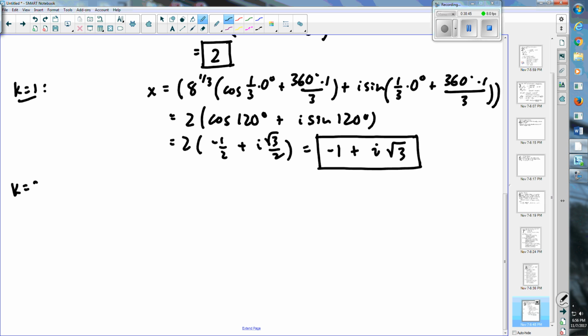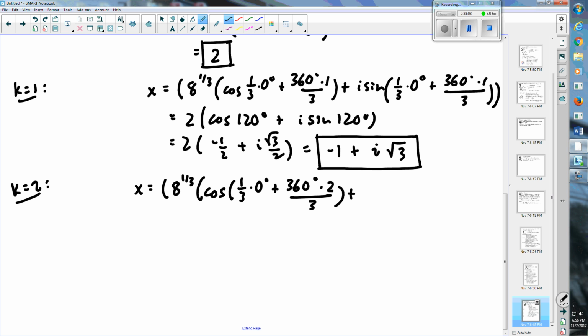So that's when k is equal to 2. Let's try this again. x is equal to 8 to the 1/3 power times the cosine of 1/3 times 0 plus 360 degrees times k, which is 2 this time, over 3, plus i times the sine of 1/3 times 0 degrees plus 360 times k, which is 2, over 3.